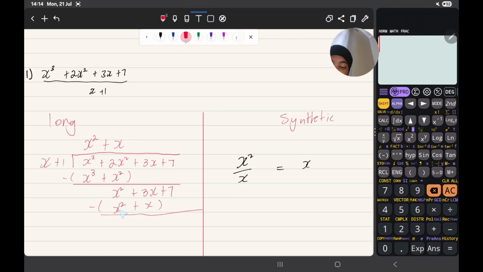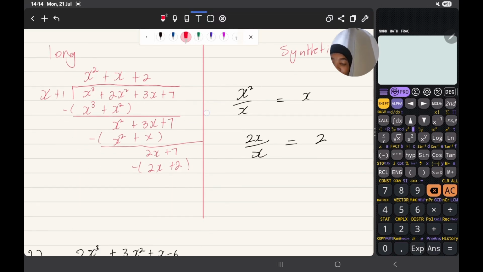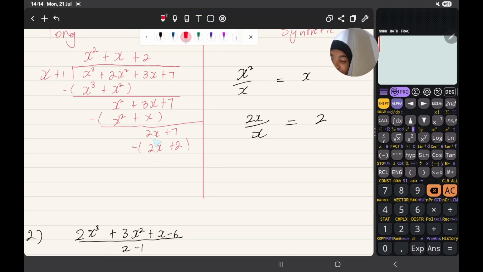Of course, this is 0, and then this is 2x. Then you bring down plus 7. Our focus changes now. 2x divided by x equals 2, so it becomes plus 2. We multiply 2 by x plus 1, then subtract. We get 0, and we get 7 minus 2, that is 5.